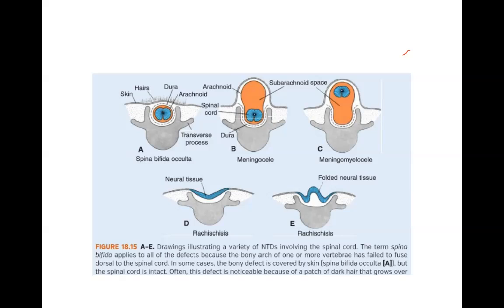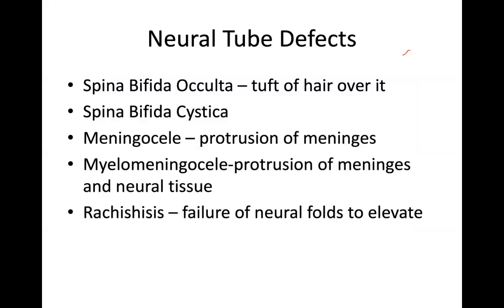So just to recap this, we are talking about development of the spinal cord, which originally started as neural tube. Now, when this neural tube doesn't close, you have a certain group of anomalies which are known as neural tube defects, in which you have one which is spina bifida occulta.